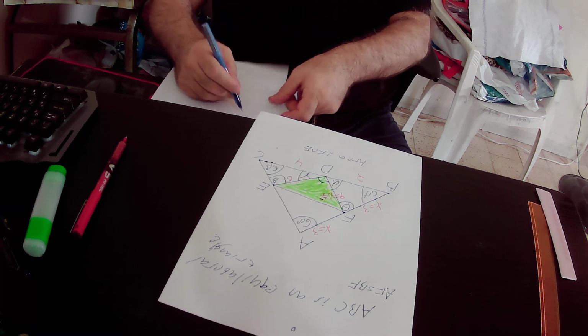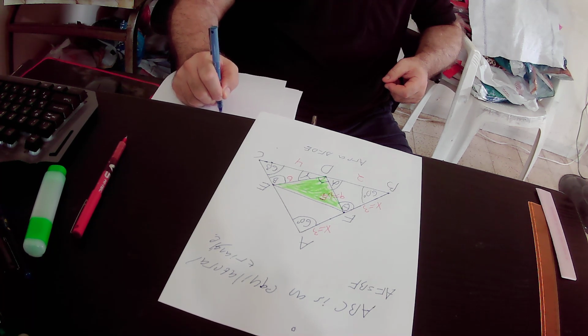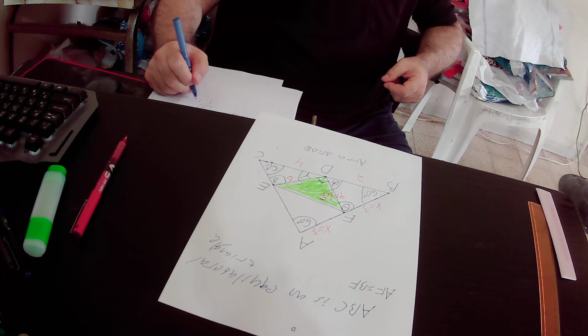So the area of the green triangle FDE equals 14 times root of 3 over 5 square units.